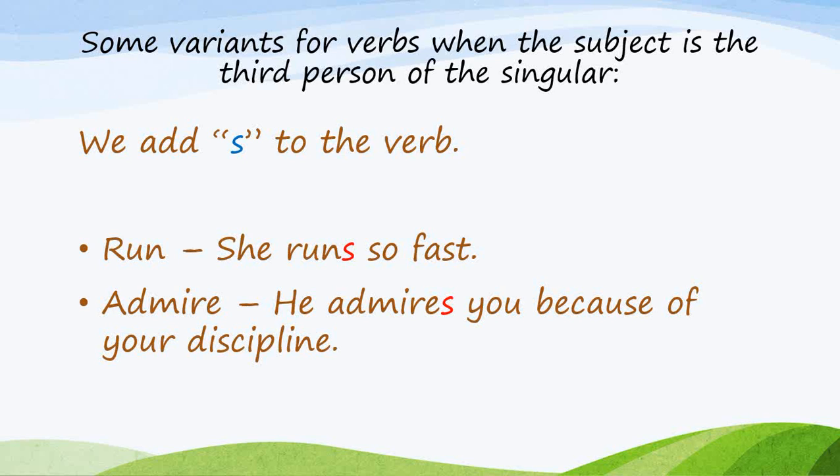We have to add the letter s to the verb, as in the following examples. With the verb run, she runs so fast. We are adding an s at the end of the verb run. Why? Because the subject is the personal pronoun she.